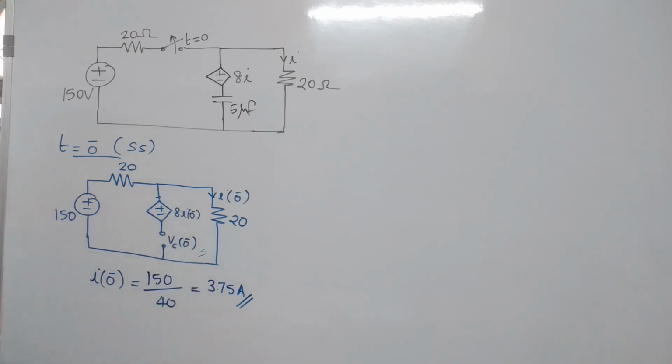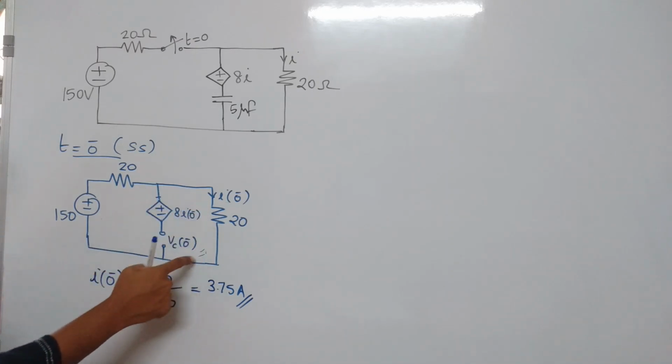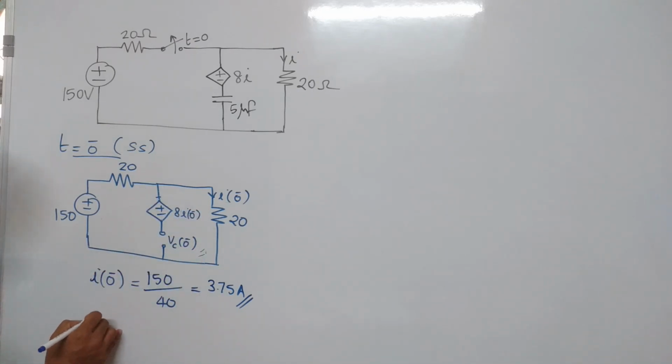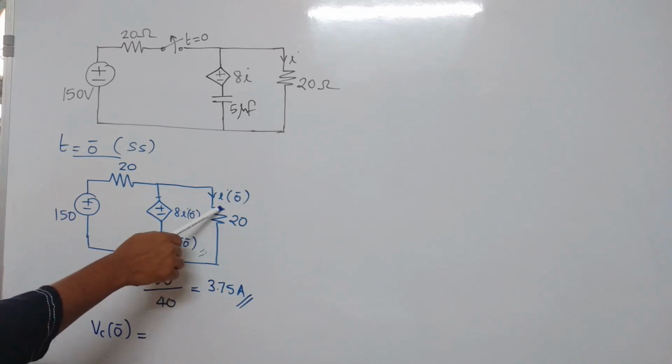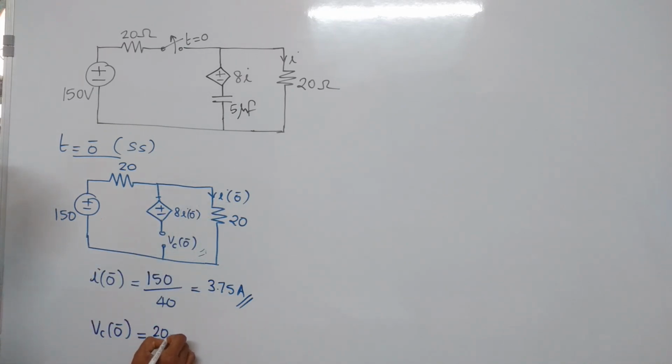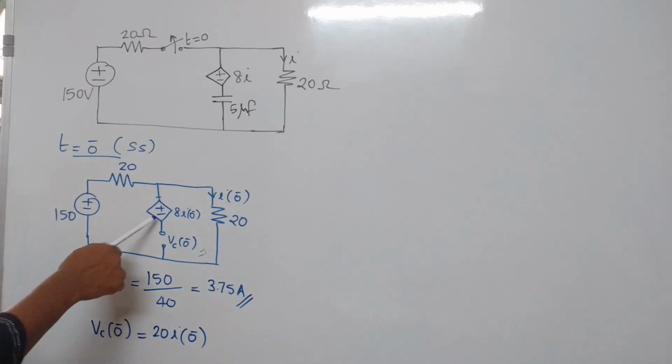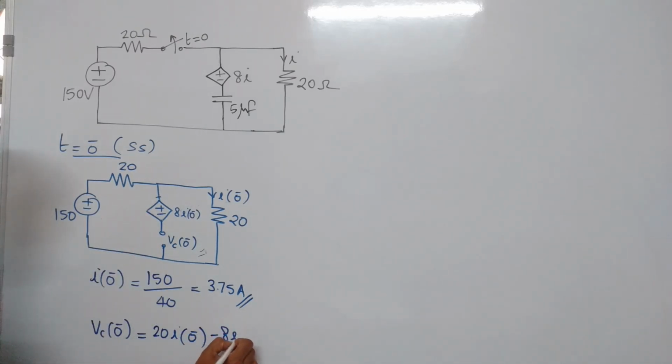Apply KVL equation in the second loop, we'll get VC of 0 minus will be equal to 20 into I of 0 minus minus 8 into I of 0 minus. I of 0 minus is 3.75. On substituting, we'll get it as 45 volt.